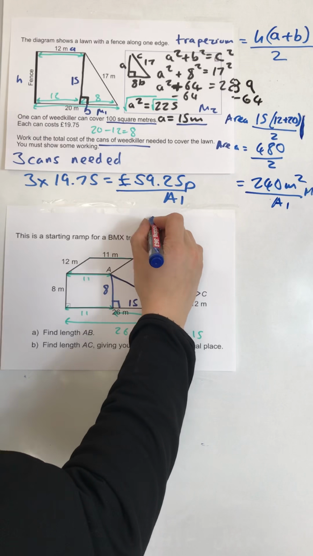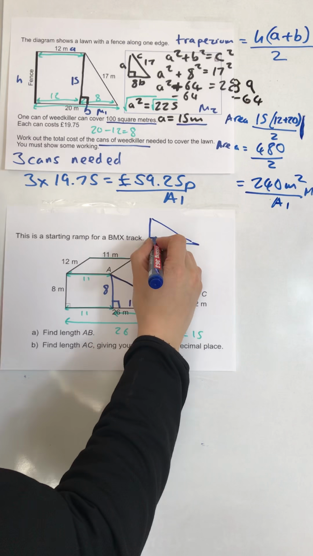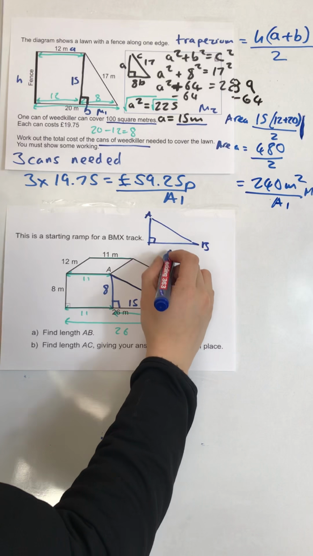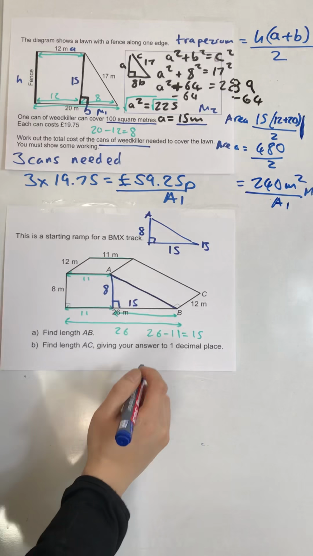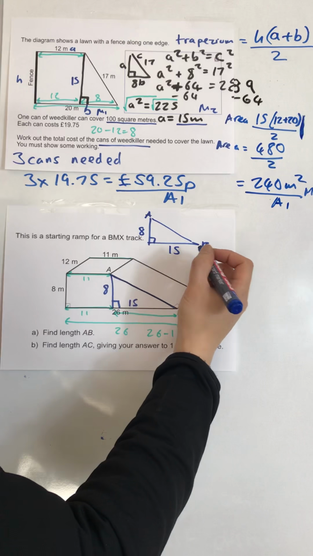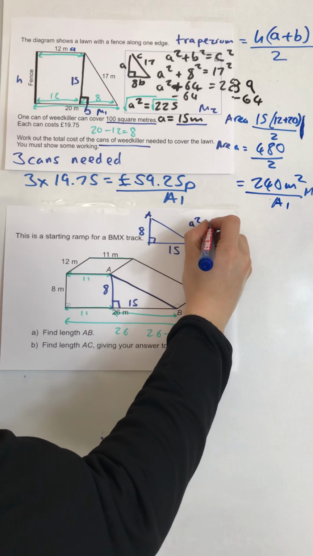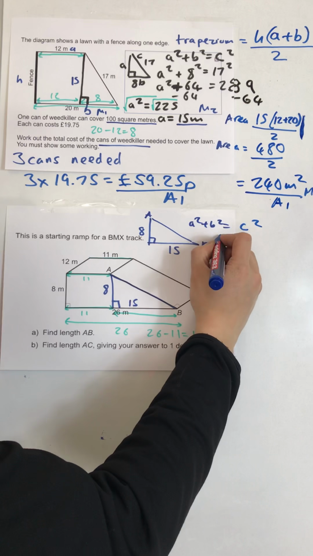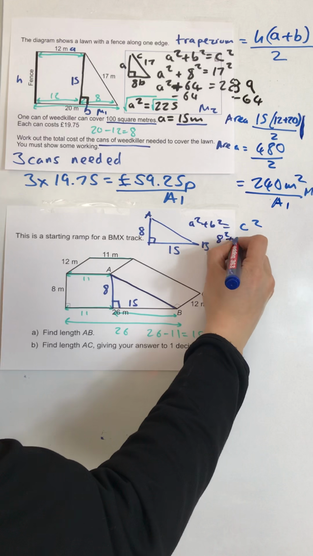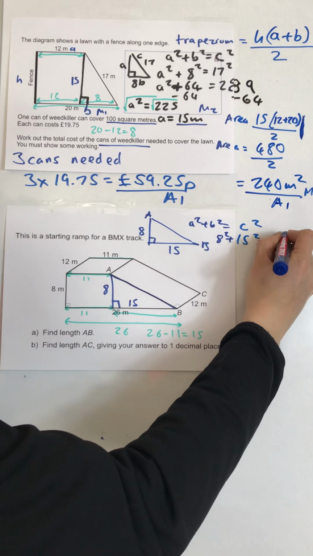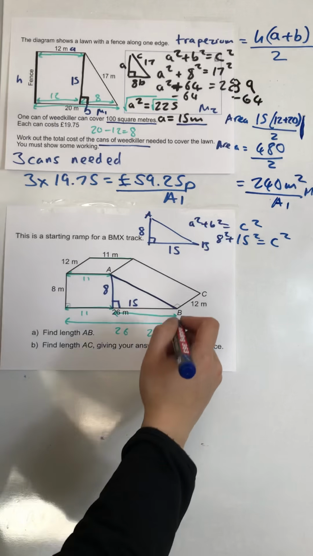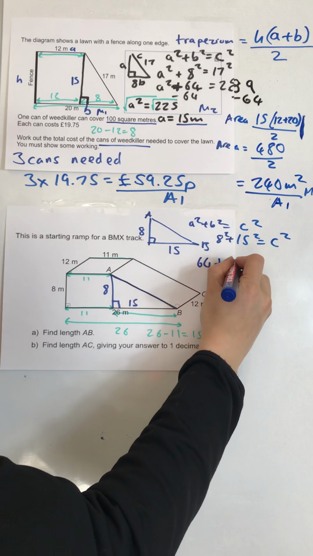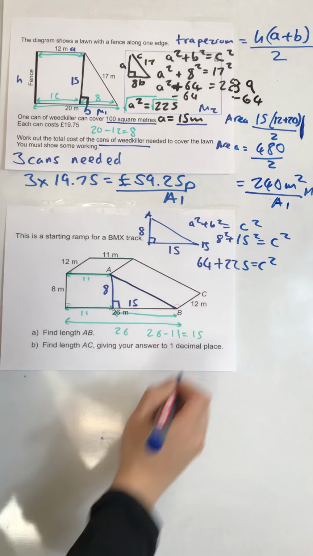So we have a nice right angled triangle that we can take out to find AB. 15 and 8. So using A squared plus B squared equals C squared, we have 8 squared plus 15 squared equals C squared. Now that's going to equal 64 plus 225 equals C squared.